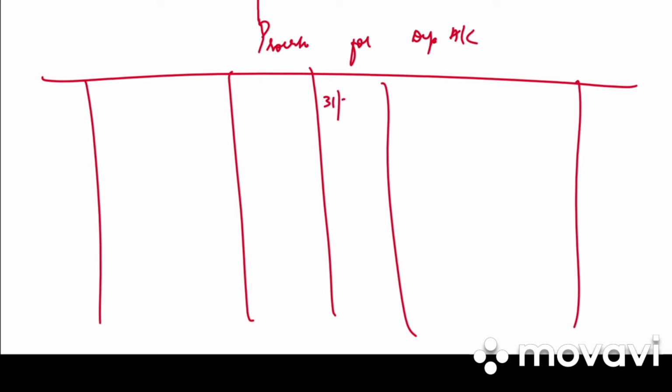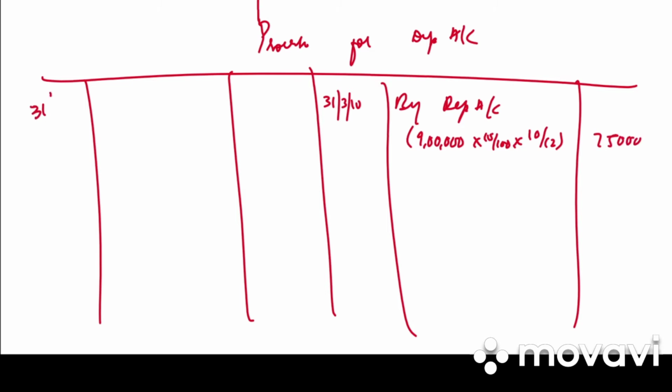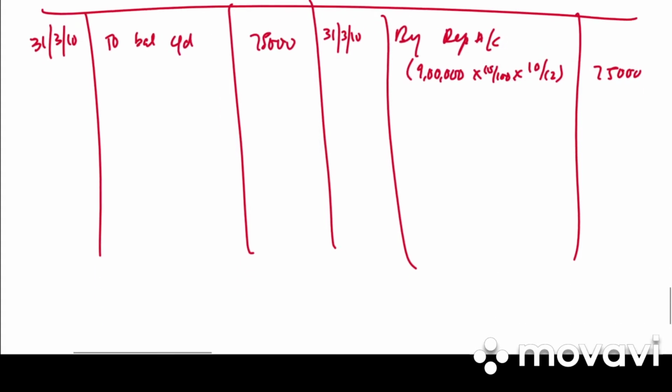On 31st March 2010, by depreciation account, how much will it be? 9 lakh into 10 by 100 into 10 by 12. It is 75,000. 31st March 2010 to balance carried down 75,000. Next, on 1st April 2010, by balance brought down 75,000.